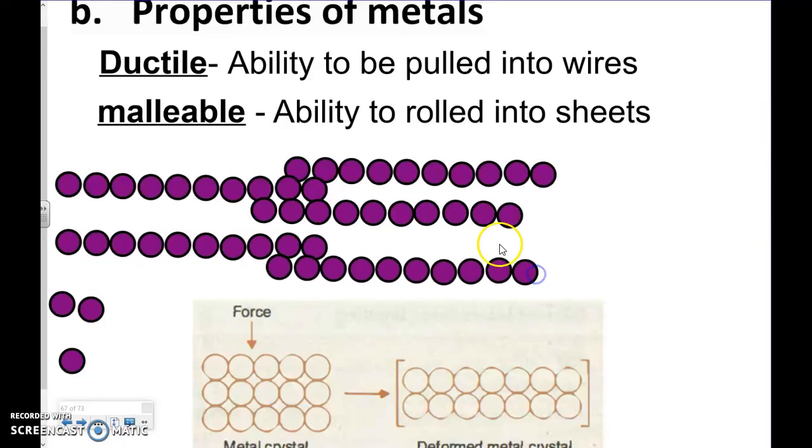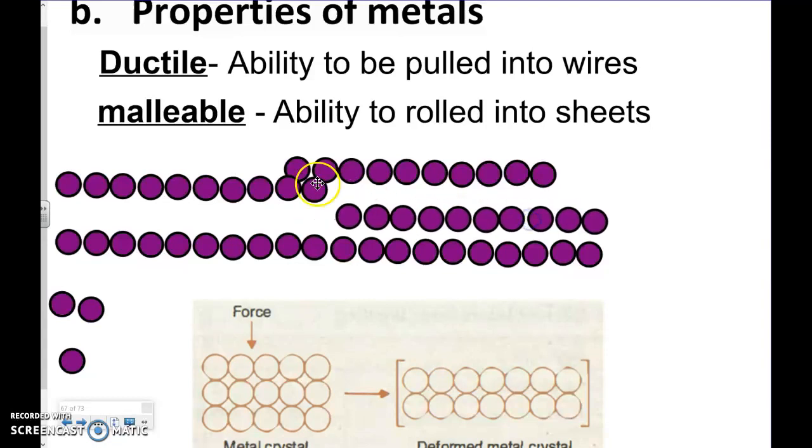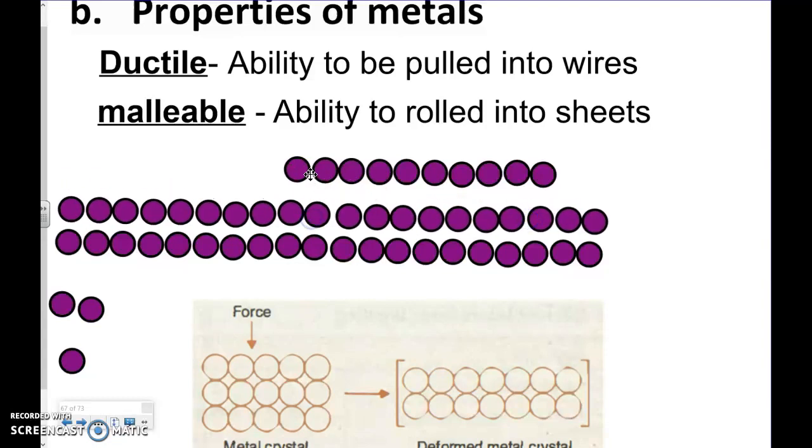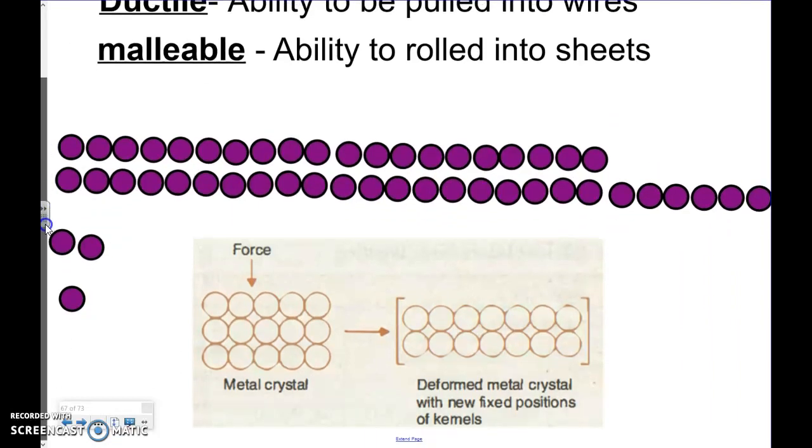Now they will still eventually have their same structure. See, it's not changing at all, but it will be in a different arrangement.